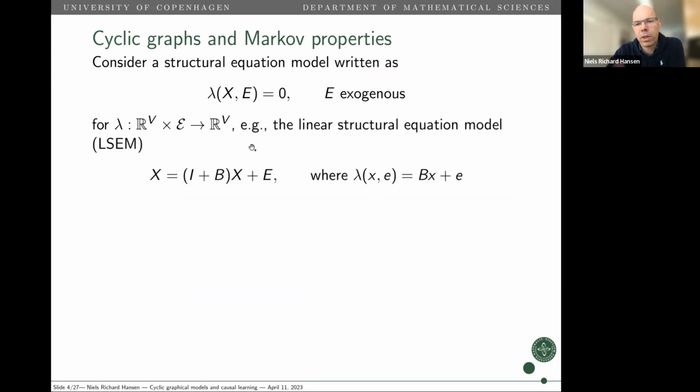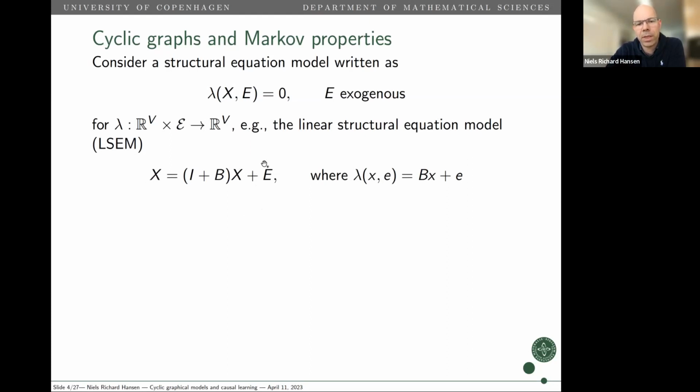So one could have a linear structural equation model, and that would typically be written out in this way, where this lambda function is a function of x and e, which is bx plus e. I write it in this slightly peculiar notation because this will be the natural representation later on when we talk about dynamical systems and feedback mechanisms.